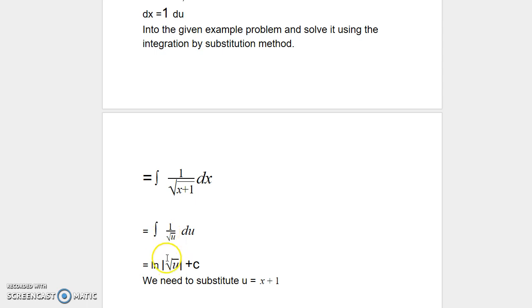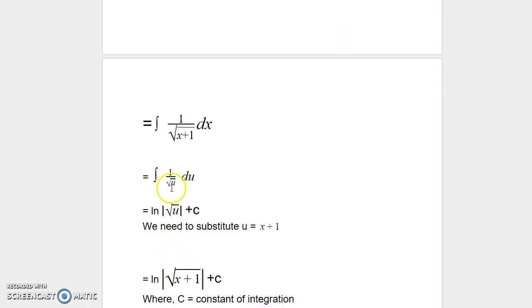So the integral of 1 over square root of u du. We know that the integral of 1 over u du is equal to ln of u. Since we have square root of u, it is going to be ln of square root of u plus c, where c is a constant of integration.